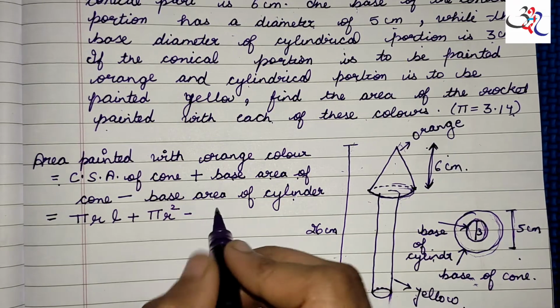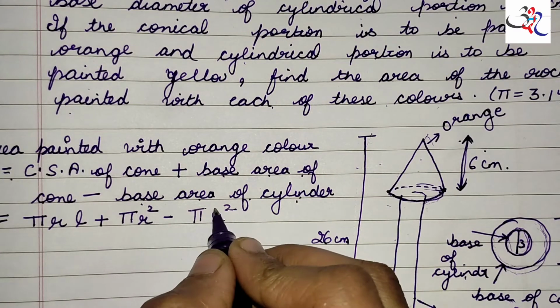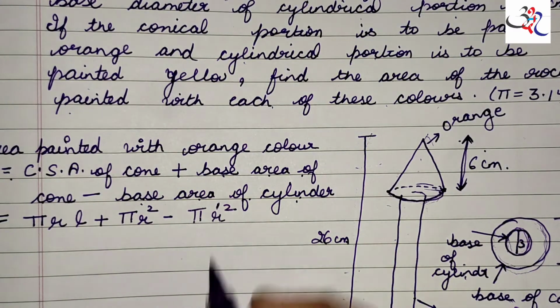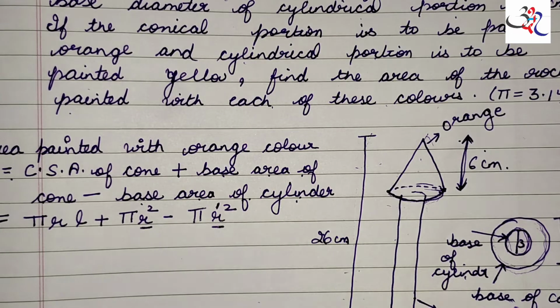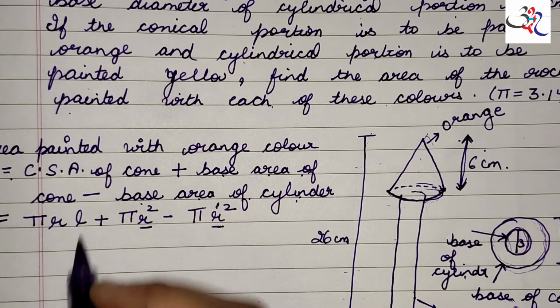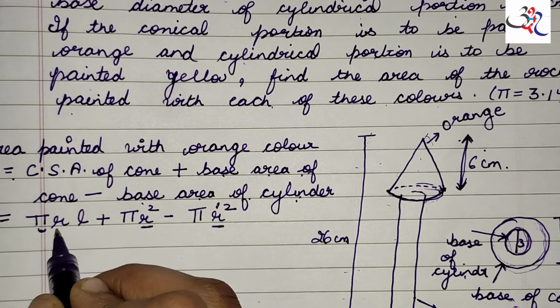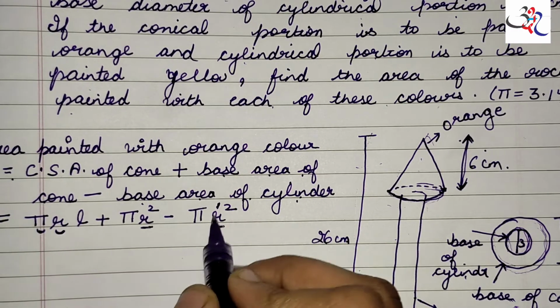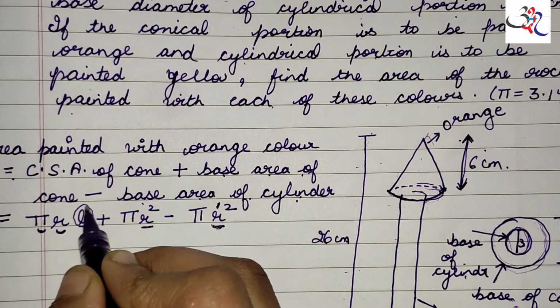Base area of cylinder is pi r square again, but I am denoting it with r dash to differentiate that this is the radius of cylinder and this is the radius of my cone. Okay, so now I know the value of pi and radius of the cone also and radius of the cylinder also, but I don't know the slant height.